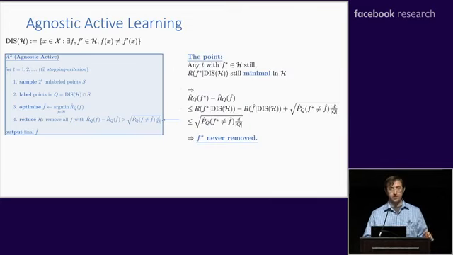OK, so what's the point of all this? Why are we doing this step in particular, which looks like Bernstein's inequality?